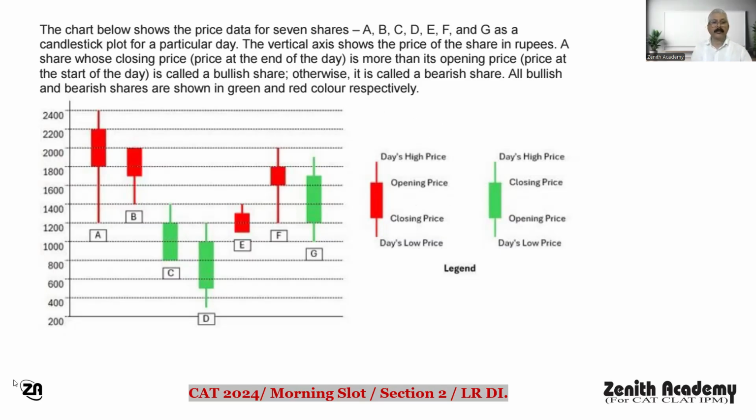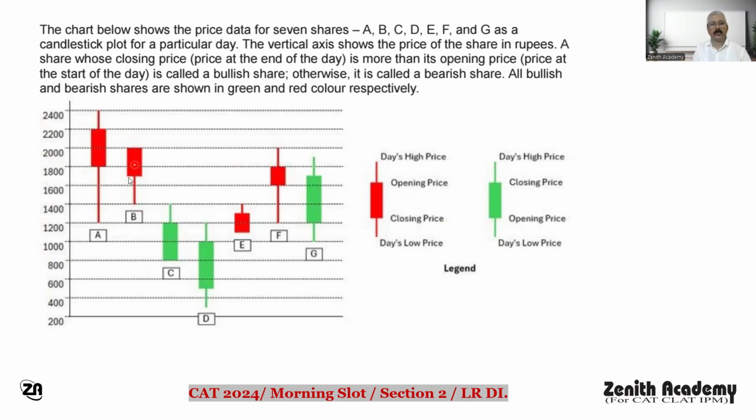So here A, B, E, and F are red color candlesticks, and red is bearish share. Here this tip is the daily high price, and this is the daily low price, and this is closing price, and this is opening price.